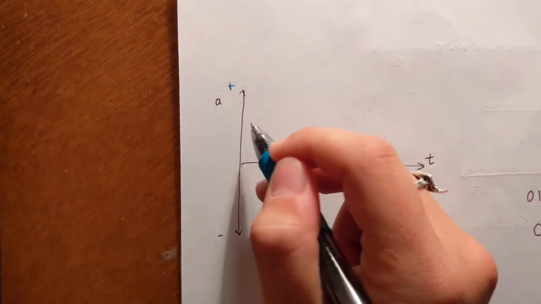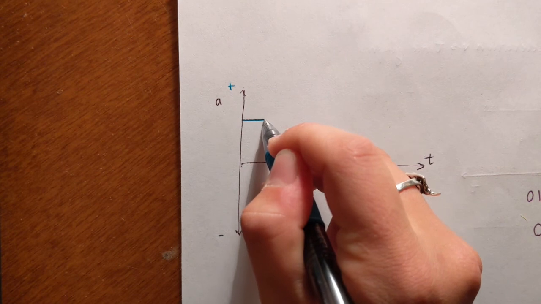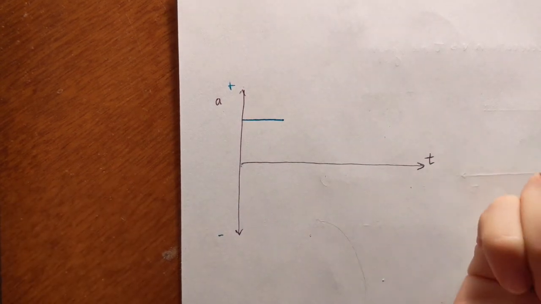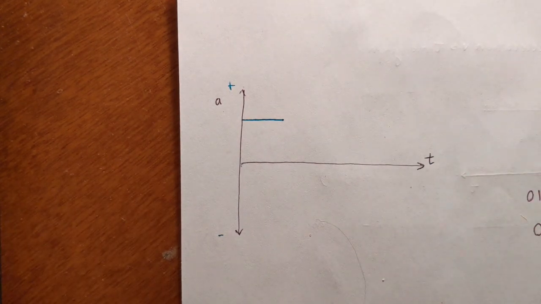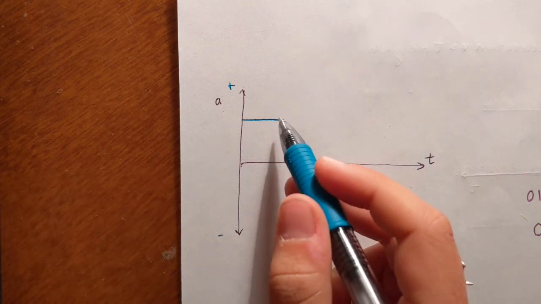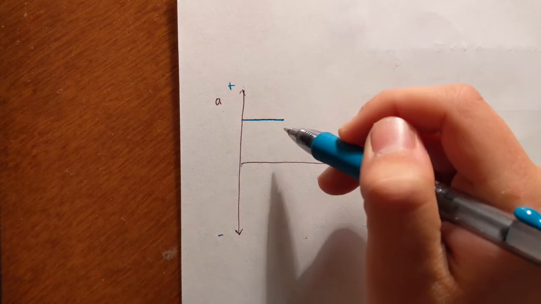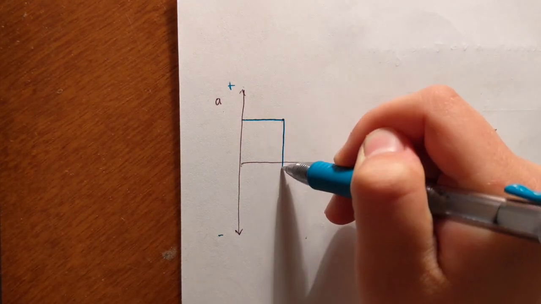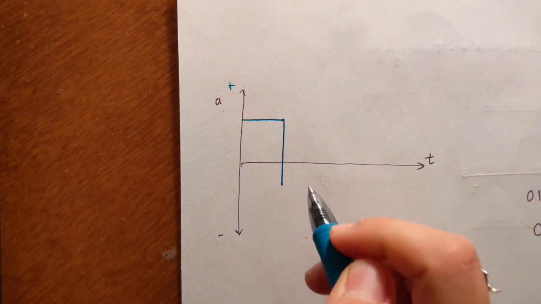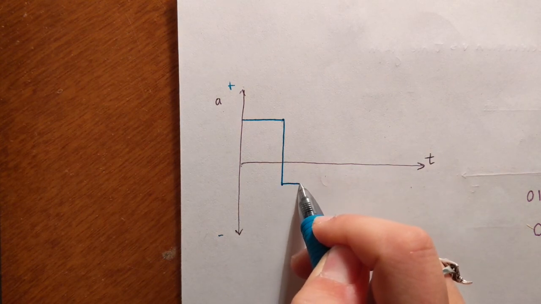So let's say that an object has a positive acceleration, and then all of a sudden they have a negative acceleration. What does that look like on a graph? You're not going to have any diagonal curvy lines. It's going to look like a staircase or like steps. You're going to have a vertical line down, and now your object has a negative acceleration.